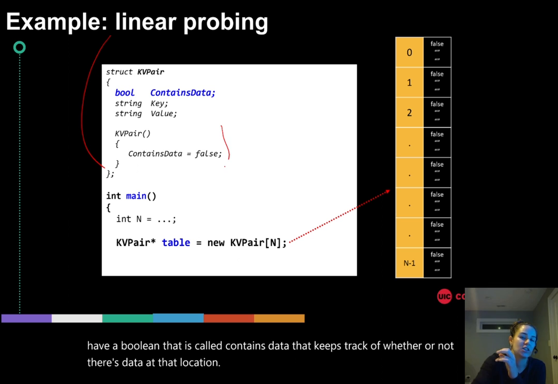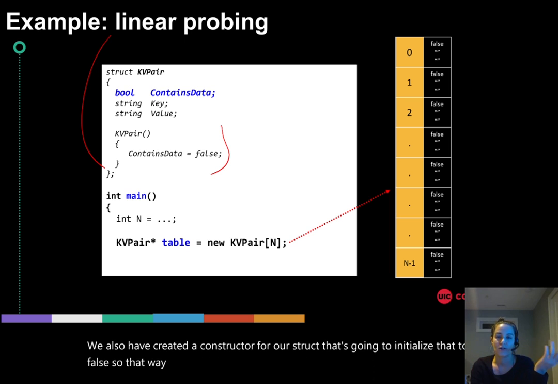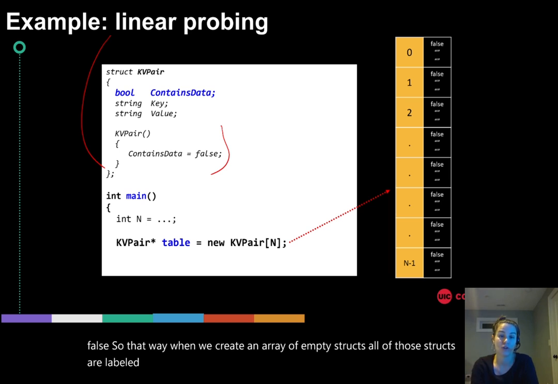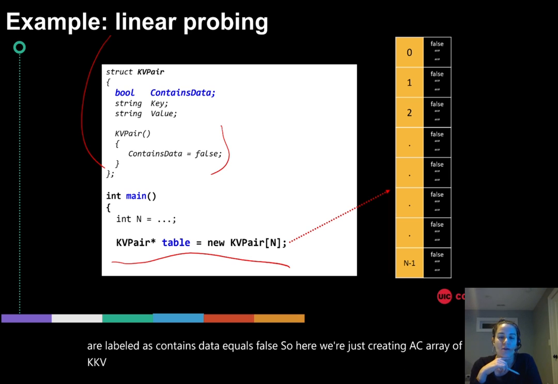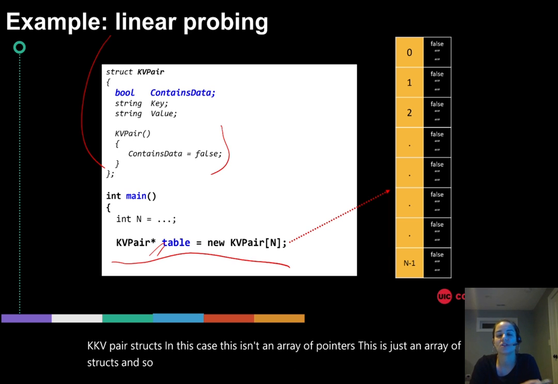We also have created a constructor for our struct that initializes that to false. That way when we create an array of empty structs, all of those structs are labeled as contains data equals false. Here we're just creating a C array of KV pair structs. This isn't an array of pointers, this is just an array of structs, so we just have a pointer to the front of an array of structs.